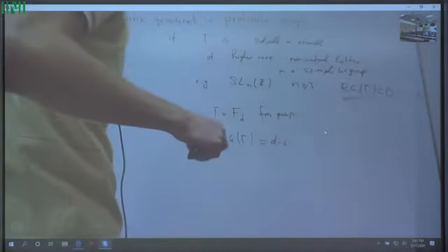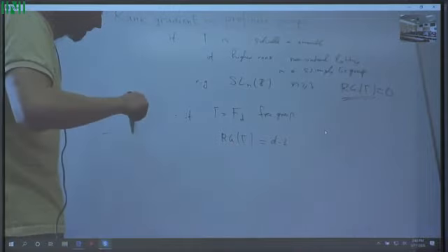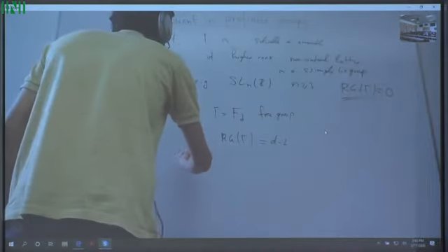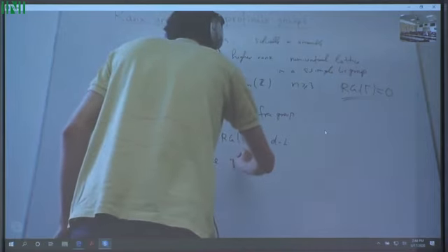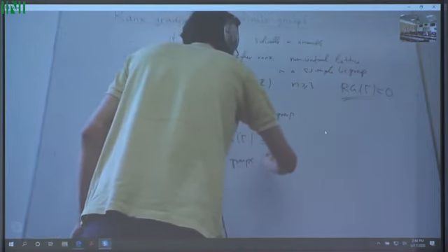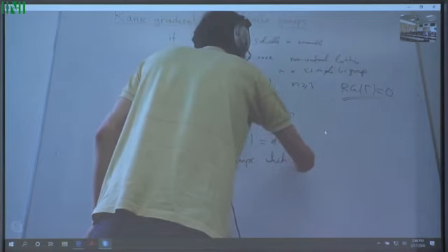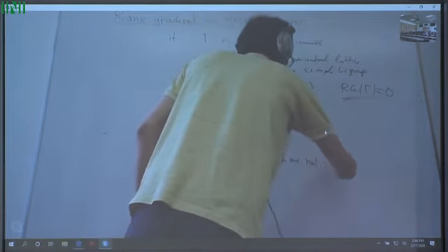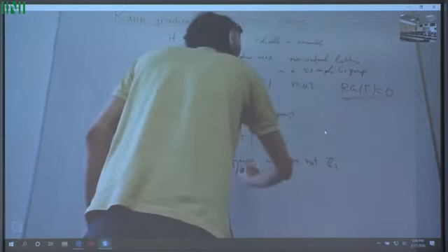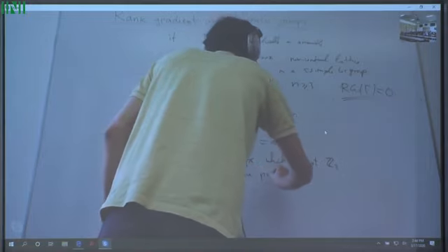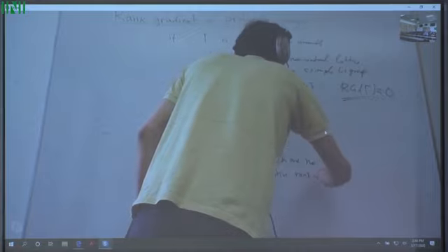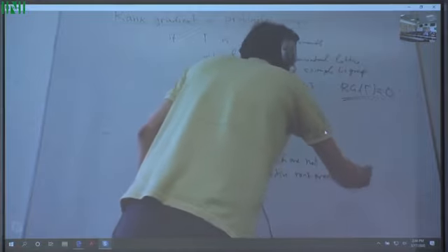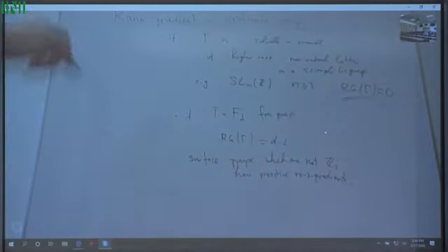And other examples, surface groups, which are of course not abelian, not Z squared, have positive rank gradient.